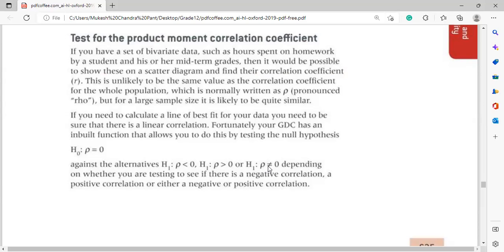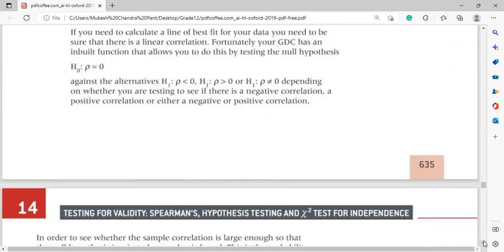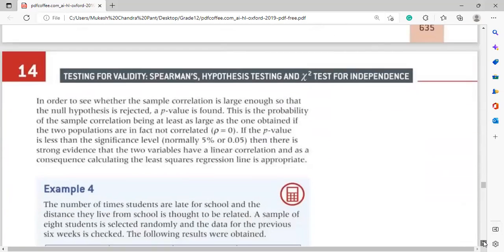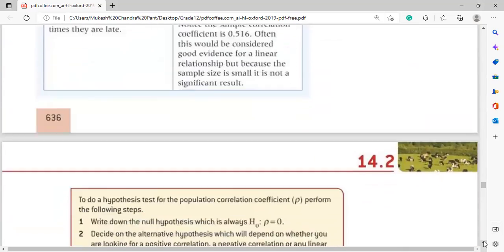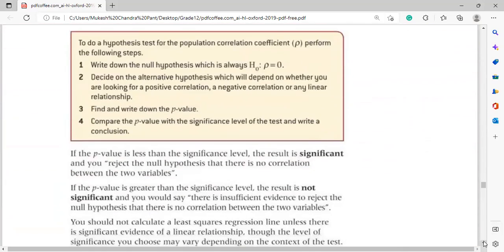The null hypothesis is fixed, rho equals 0, and whether the alternative is less, greater, or not equal to will be mentioned in the question. We will take some questions like this, but we are totally dependent on the calculator.